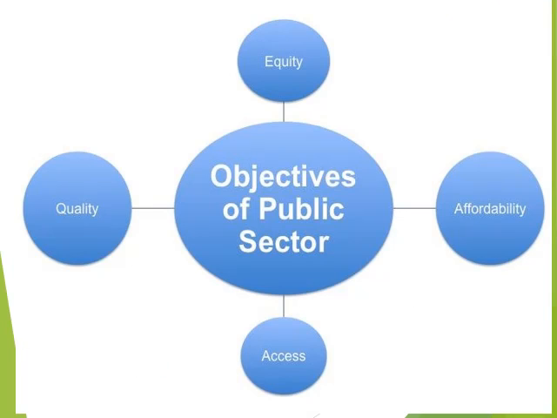And these four elements are the objectives of the public sector, since earning money is not its main purpose. A public sector also has fewer objectives compared with the private sector. Quality means how good or bad something is.